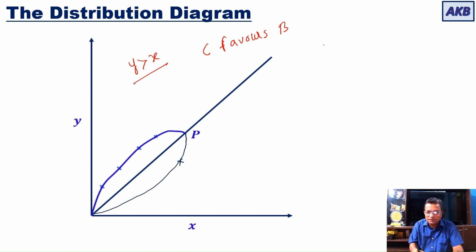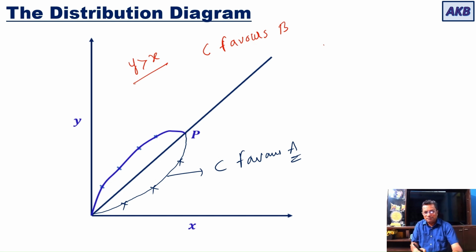For this curve, if you have various points, then this curve will be for the case where C favors A. If the curve is lying above the diagonal line, C favors B, and that is very much required for successful extraction. So with this, I end my discussion on liquid-liquid equilibria.